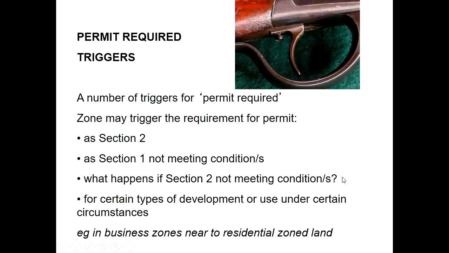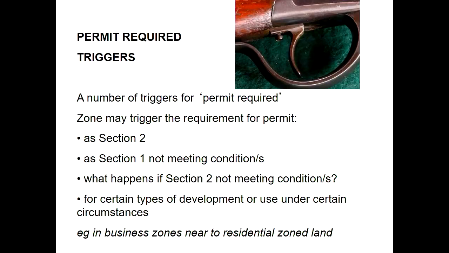Go looking for what that means. So that's what we used to in the bad old days call the use class tables, but it's the first part really of the zone provisions. Have a look there. And really what that's doing, it's fine-tuning the land use according to the place. It's another fine-tuning exercise. So I won't try and explain it now, but go looking for that. See what it means.